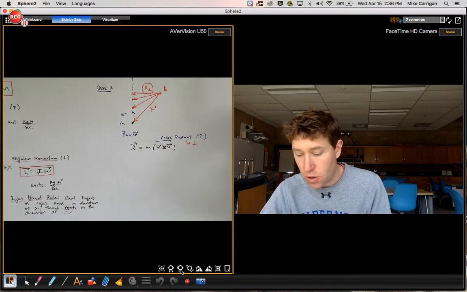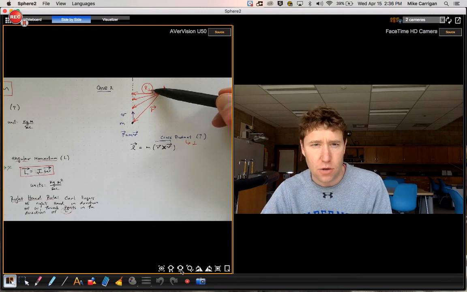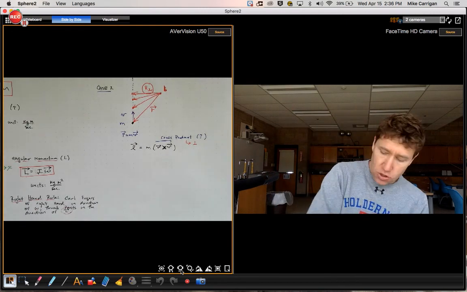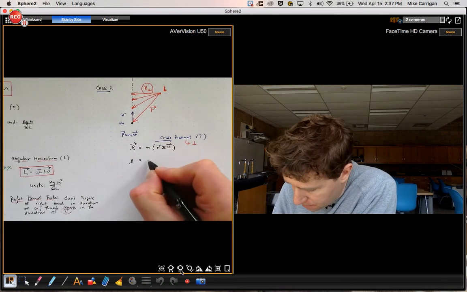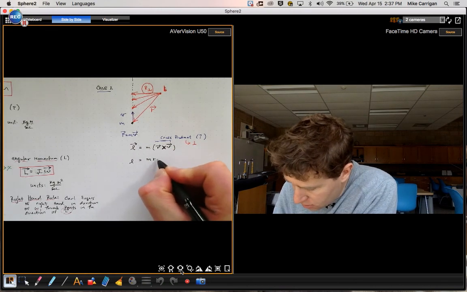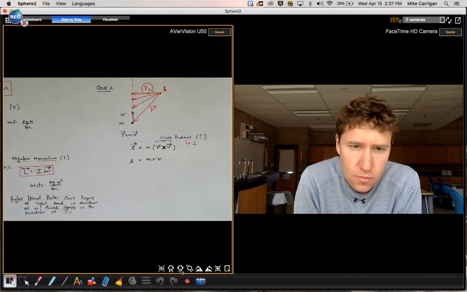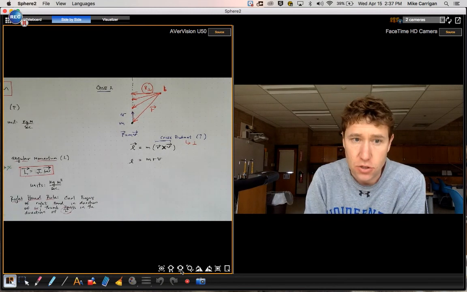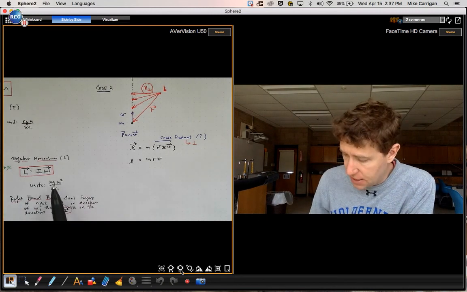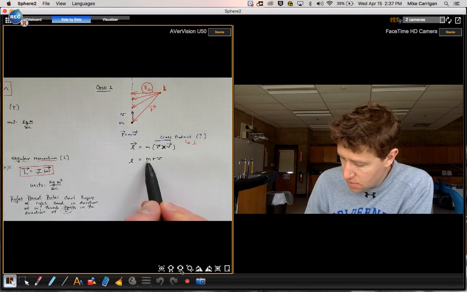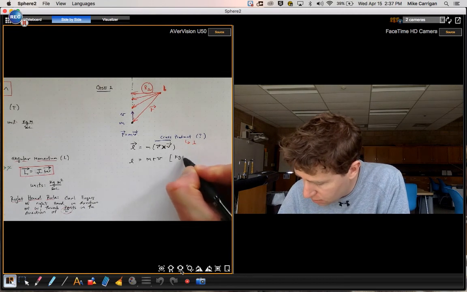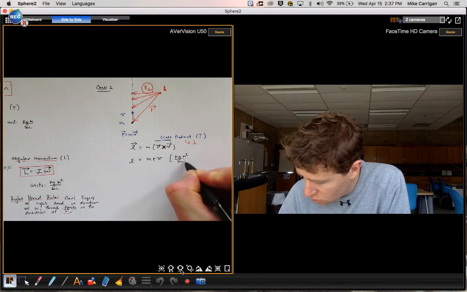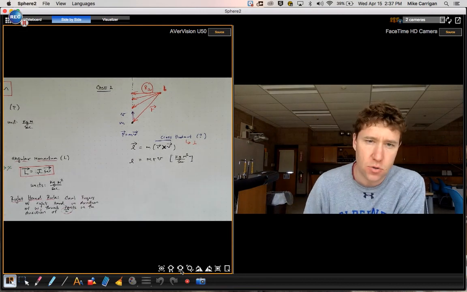R changes, but R perpendicular does not change. R perpendicular is constant. And so the magnitude of L is just going to be M times R perpendicular times V. Note the units are the exact same: kilograms times meters per second times meters, which is kilogram meters squared per second, exactly what we had before.